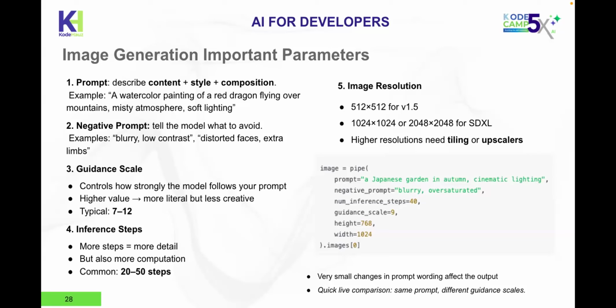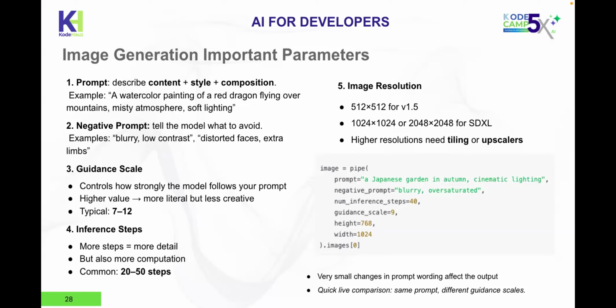So an example of a prompt that contains these components would be: a watercolor painting of a red dragon flying over mountains. When you say watercolor painting, you've already specified the style. A red dragon flying over mountains is the content, the thing that you actually want it to paint or generate.